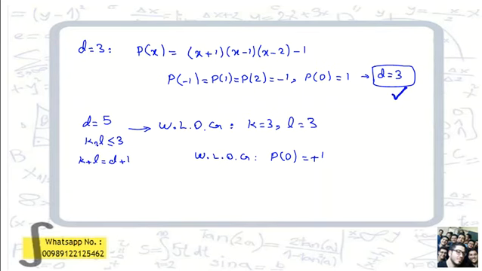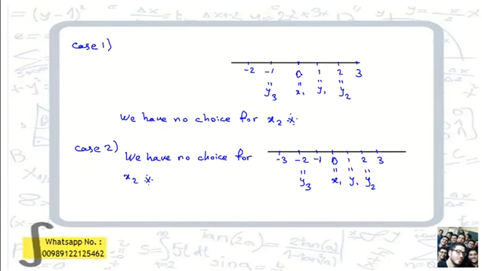So we know that k and l are less than or equal 3. k plus l is d plus 1, which is 6. So k must be 3 and l must be 3. Like the previous pages that we said, without loss of generality, we can conclude x1 is 0, means p of 0 is plus 1. Now let's check. P of 0 is plus 1 and we have 3 negative numbers.